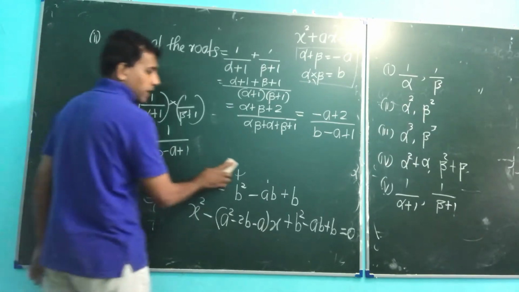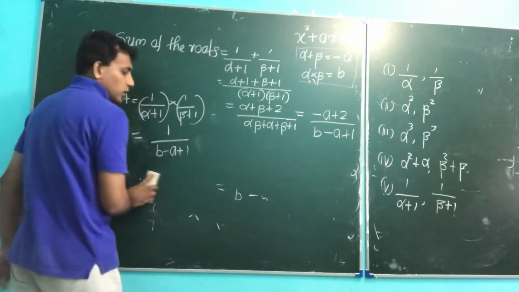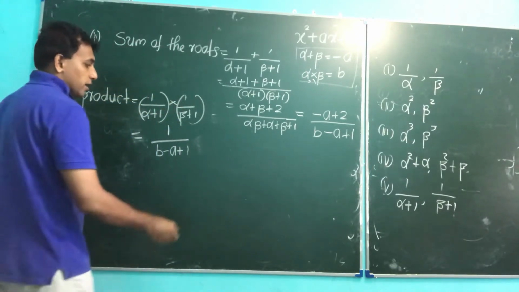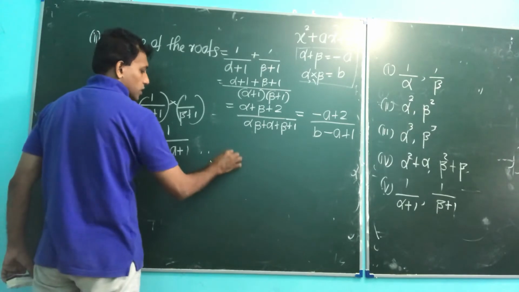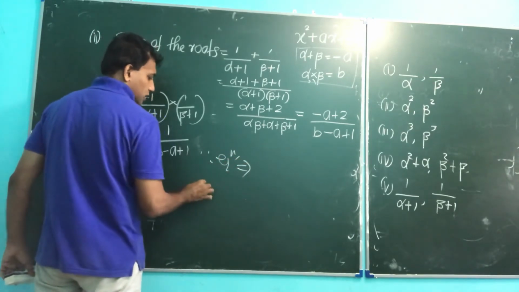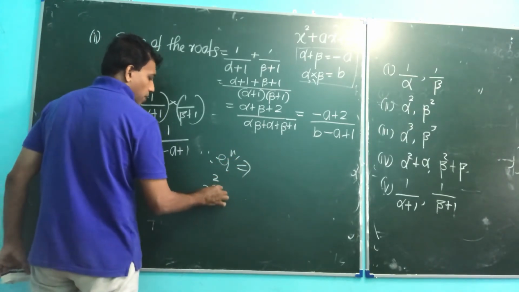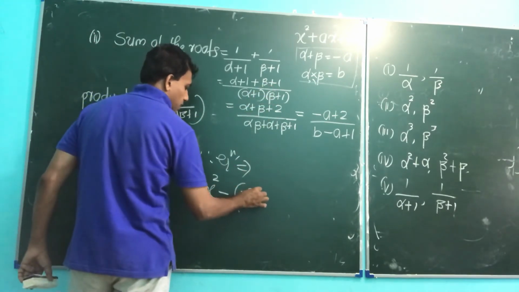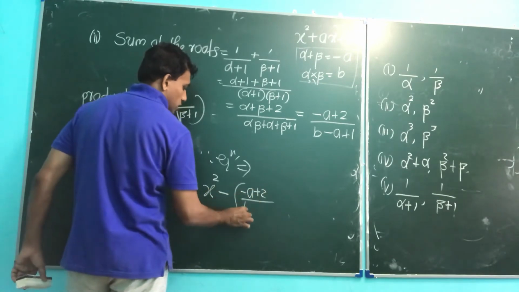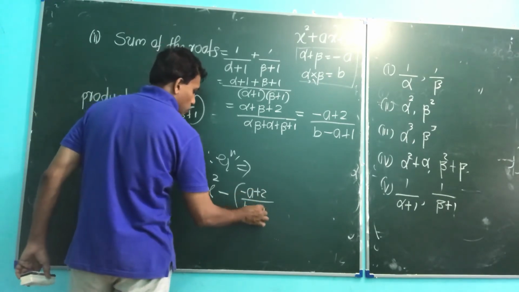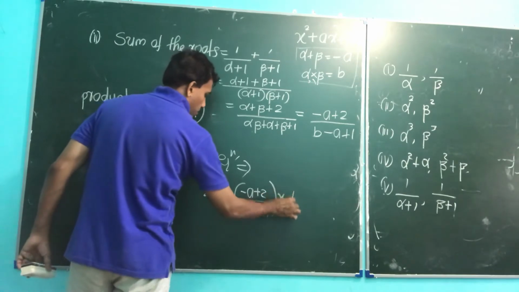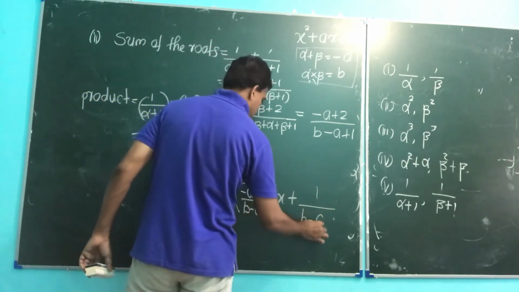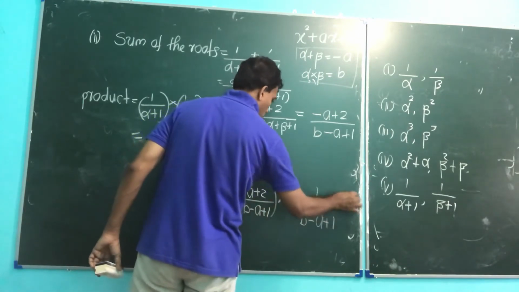Therefore, you know the sum and you know the product, so give the new equation. The equation is x squared minus the sum of the roots, minus a plus 2 over b minus a plus 1, times x, plus the product of the roots, 1 over b minus a plus 1, equal to 0.